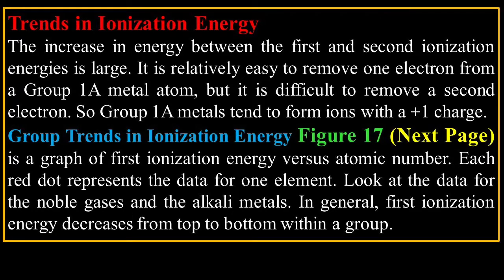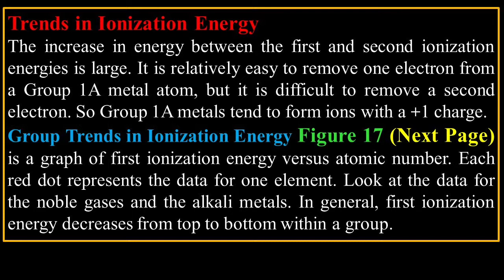The increase in energy between the first and second energies is large. It is relatively easy to remove 1 electron from a group 1A metal atom, but it is difficult to remove a second electron. So, group 1A metals tend to form ions with a +1 charge.